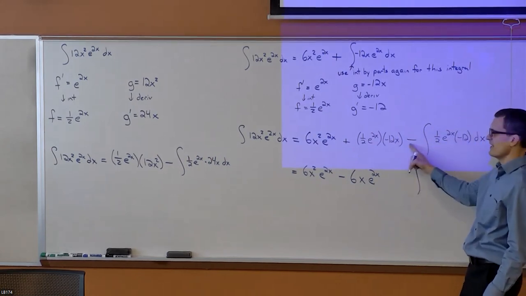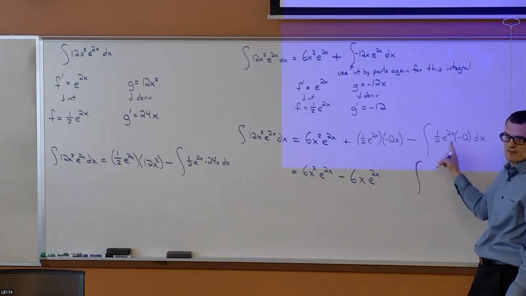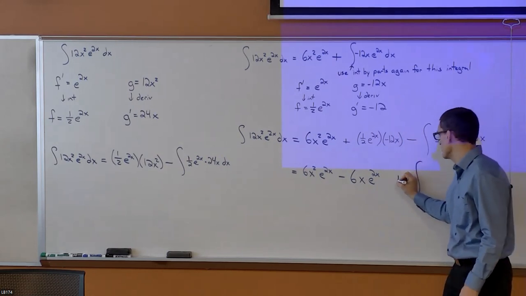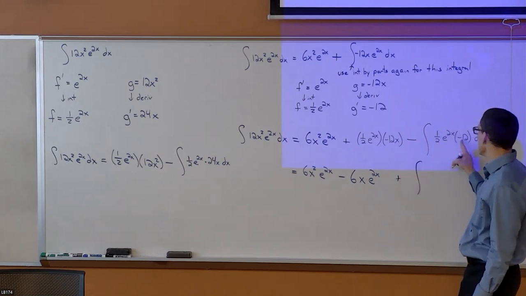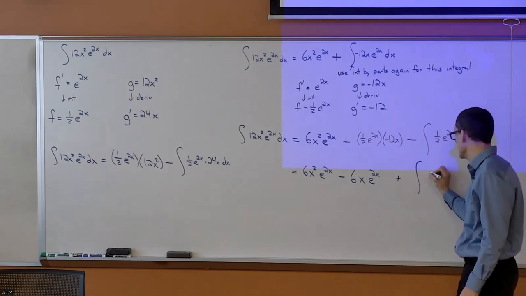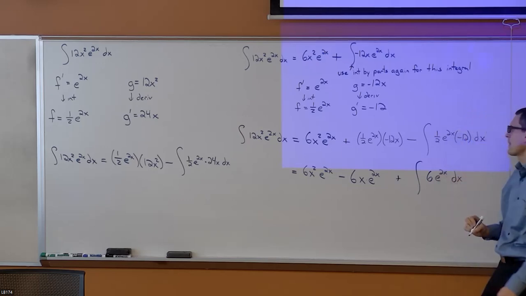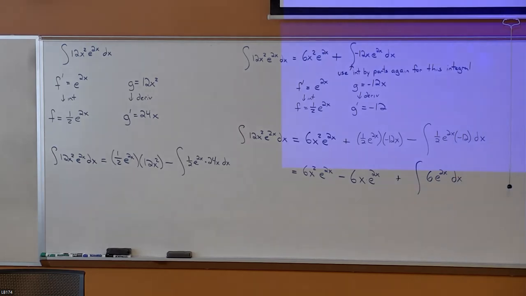This negative and that negative are gonna cancel each other out. So when I integrate this, I'll integrate a plus 1/2 times 12 is 6, e to the 2x. Is that okay, what I did there? -12 times 1/2 gives me -6, and the negative of a negative becomes a positive.